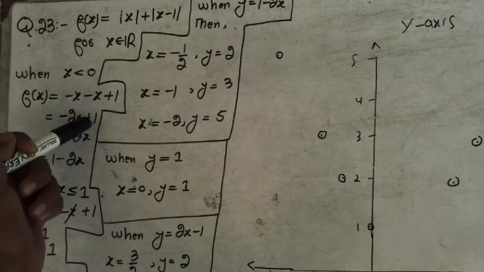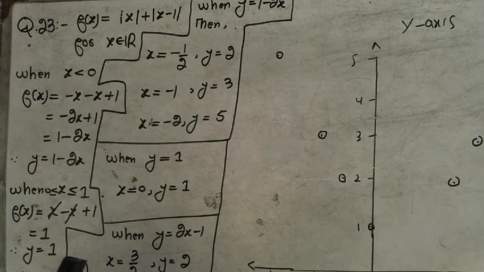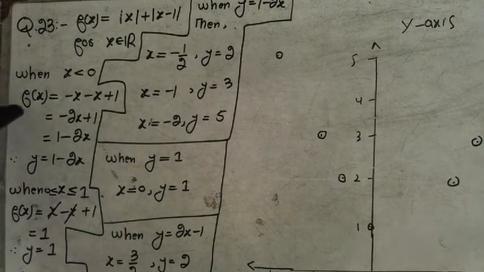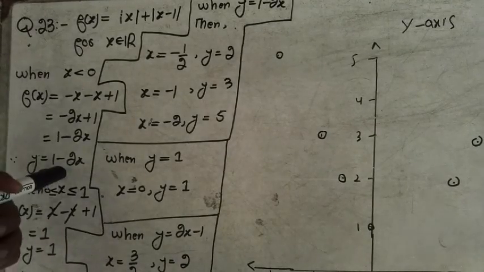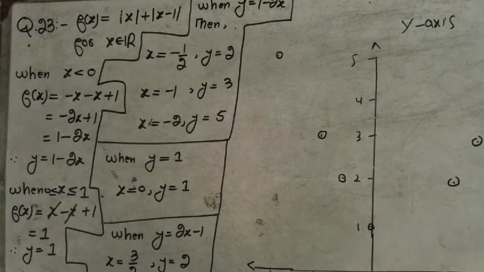We write plus 1 first and minus 2x second. So when f of x is equal to 1 minus 2x, then y is equal to f of x, so y is equal to 1 minus 2x. It is because we already know that y is equal to f of x. So when f of x is equal to 1 minus 2x, then y is equal to 1 minus 2x.